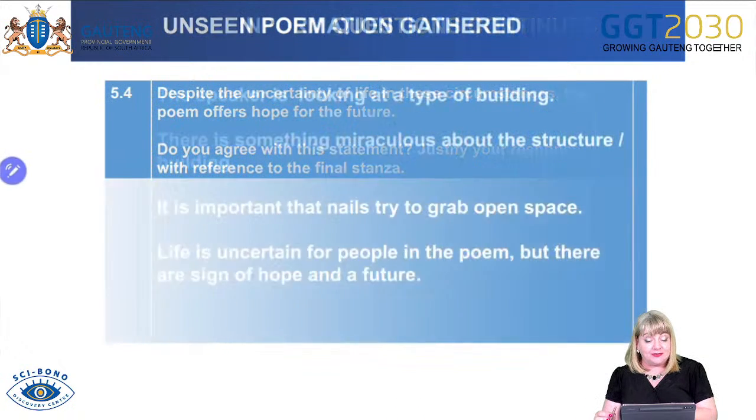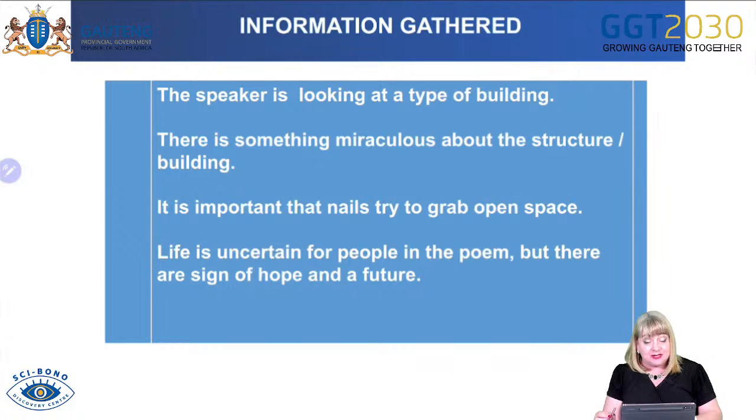So let's have a look at the information that we gathered about this poem just by reading the questions and reading the poem. We gathered that the speaker is looking at a type of a building. And so again, this is not the poem that you're getting tomorrow, unfortunately. Tomorrow you're going to get a different unseen poem, but you're going to follow the same method. And I'm showing you that if you follow this method, you're going to find out all sorts of things about the poem that you didn't know.